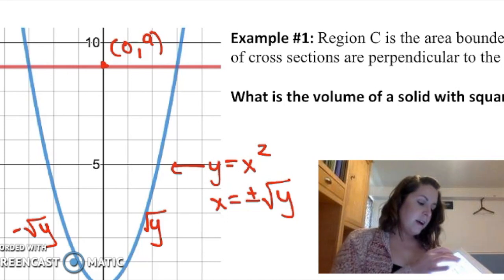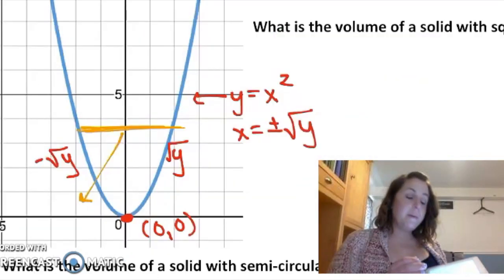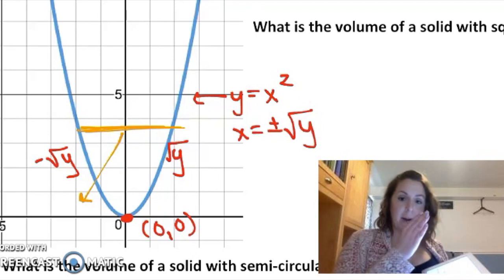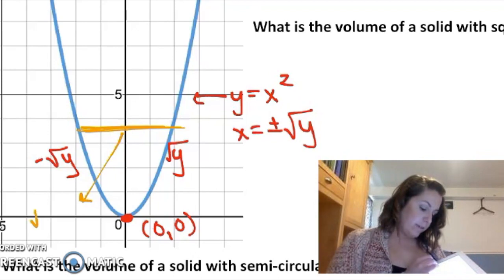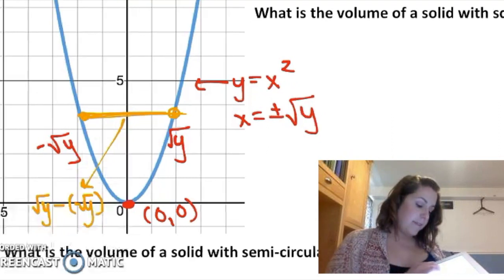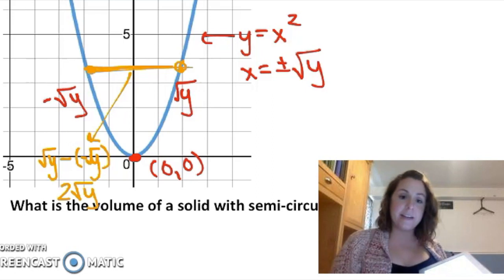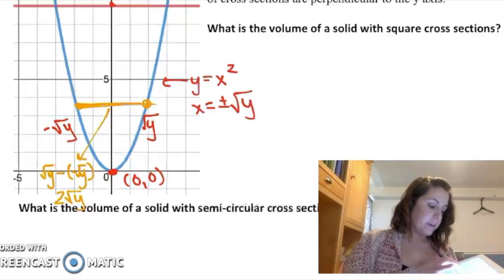So when I look at the distance across this, the side length, right? What I'm actually going to be doing here, right minus left, is the square root of y minus the negative square root of y, because I'm doing this side minus that side, and that's going to give me 2 radical y. So that is my side length there.